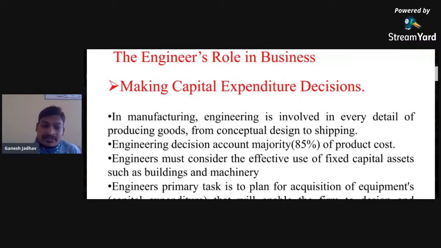Any building requires a civil engineer, machinery requires a mechanical engineer, and another decision about electrical and computer systems requires an electrical or computer engineer. So engineering is involved in every detail of producing goods.